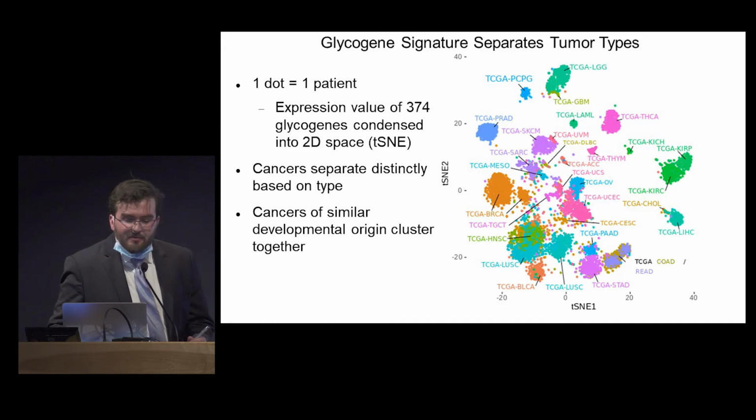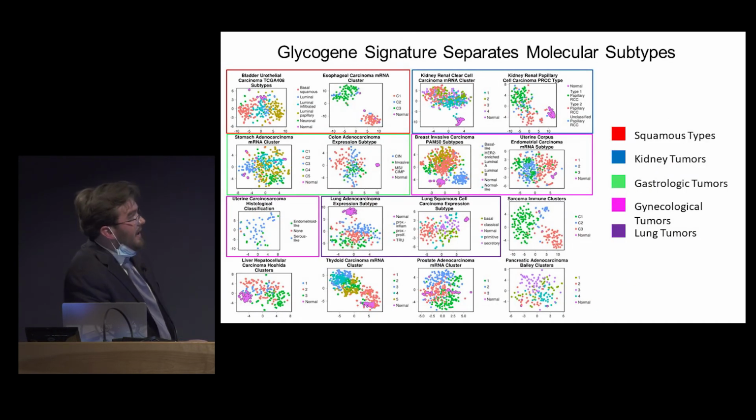Breaking these cancers down more into molecular subtypes, I know that this plot can be a little overwhelming, but the main idea here is each cancer type shown here has a molecular subtype which was identified previously in literature from other prognostic gene expression profiles, or it could be related to clinically relevant variables such as tumor stage, survival, and things like this.